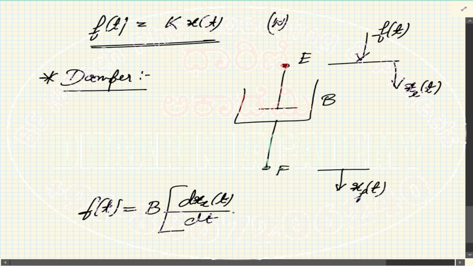So if I'm able to take the difference directly as dx of t by dt, I can write that f of t could be equal to b into dx of t by dt. Again, this is measured in newtons. All right, so these are the equations corresponding to the translational system.